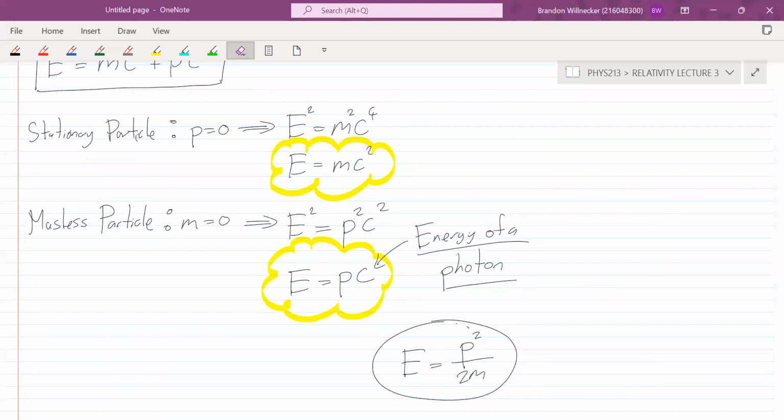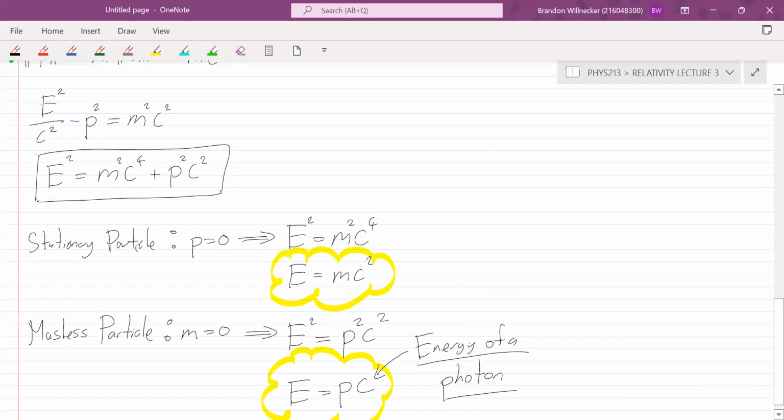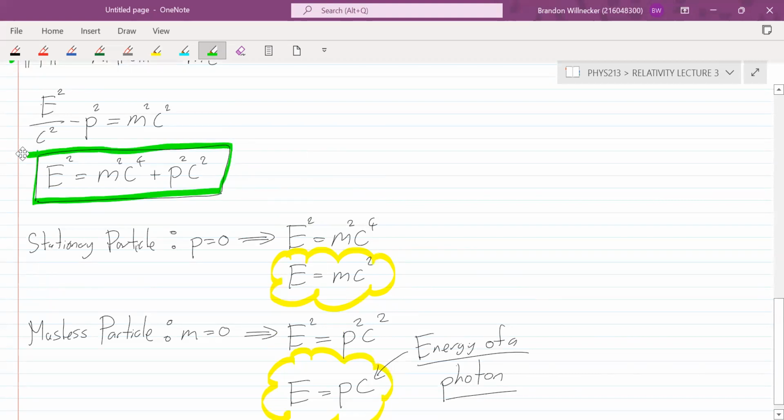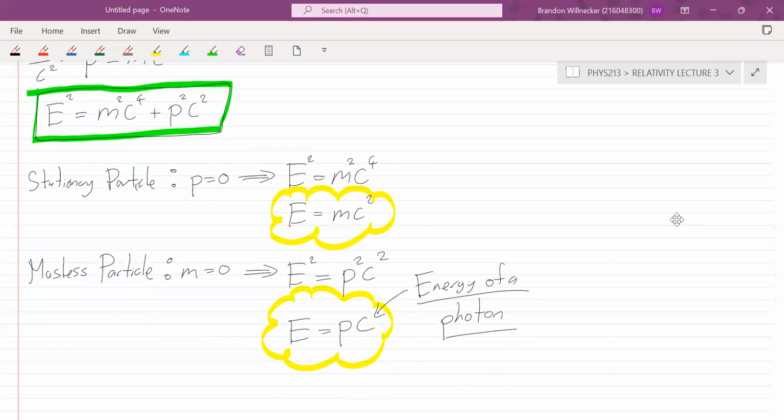Okay, so just keep that in mind. Massless particles are different, because of their energy momentum relation. However, this total relationship here, this over here in green, the E squared equals m squared c to the 4 plus p squared c squared, that equation works with anything, right? Stationary particles, massive particles, massless particles, moving particles, it covers everything.